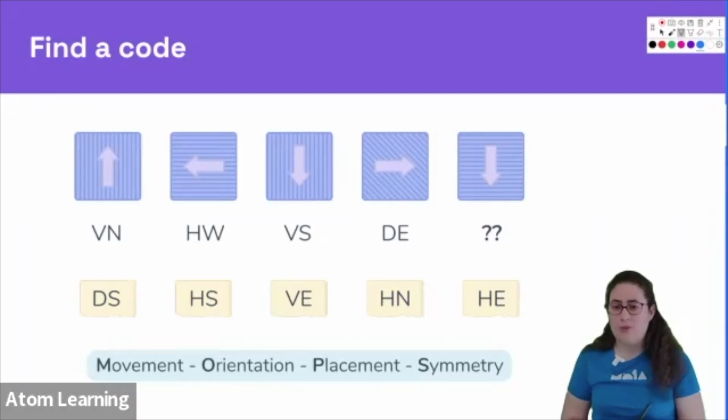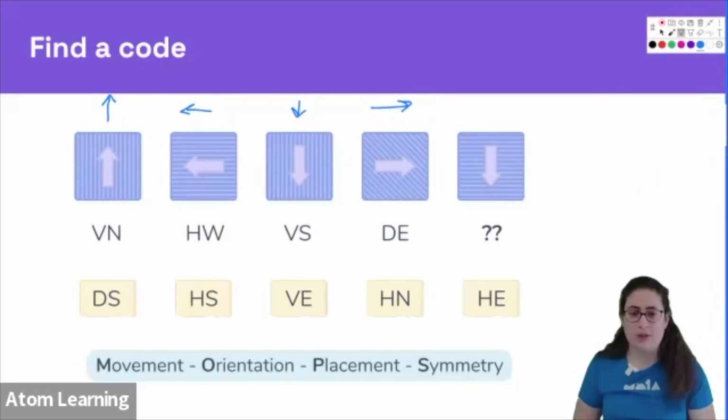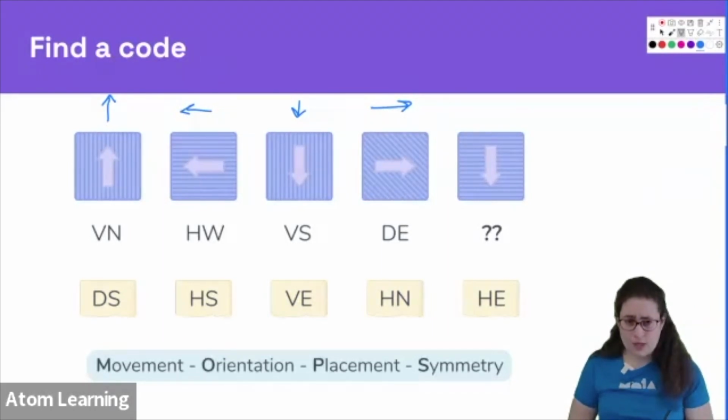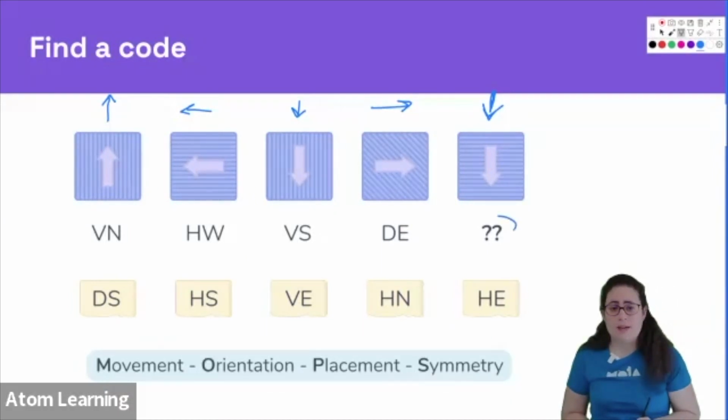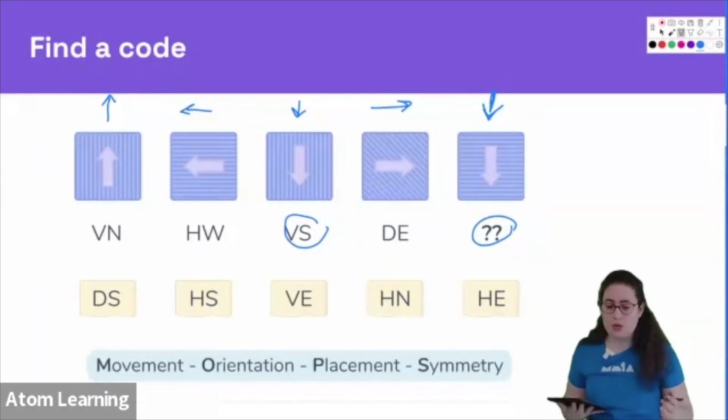Yes. We've got an arrow pointing up, an arrow pointing left. Here's one pointing down, here's one pointing right. The arrows can be in all 4 of those different positions. And then we've got this answer arrow, the one that we're looking for the code for, pointing down again. So this is definitely going to have one letter in common with this one, right? But we're not necessarily sure which yet.